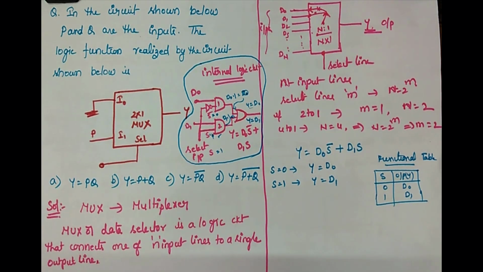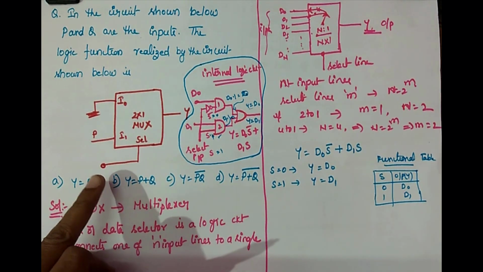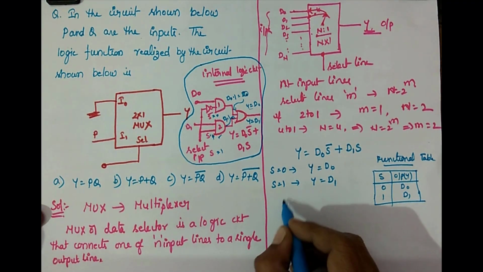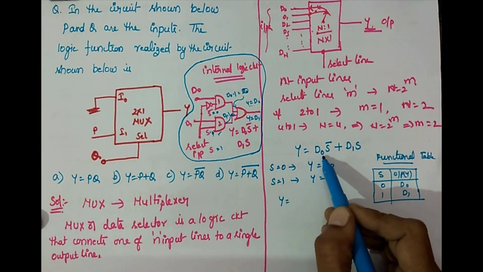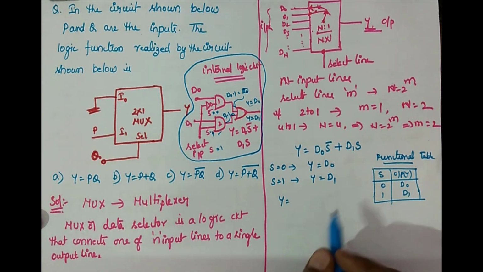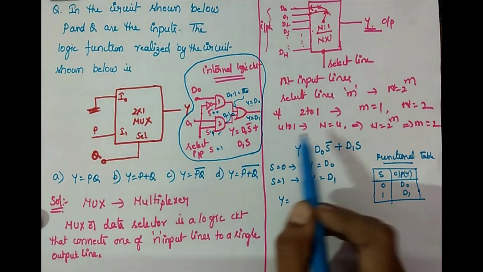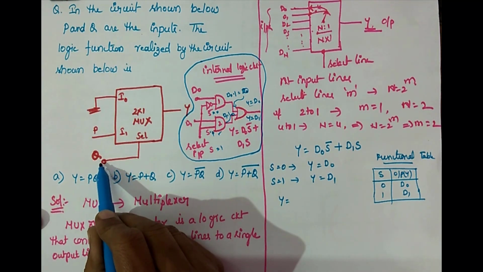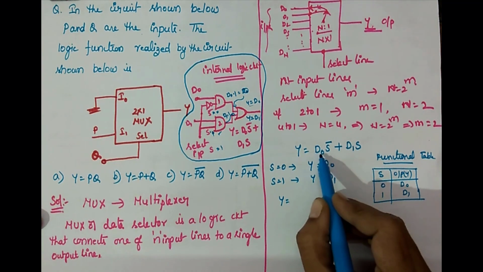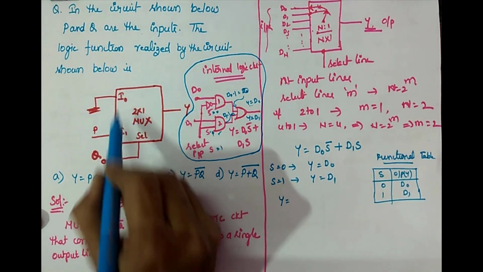Okay, so now for our problem, what is Y? Here it is a 2:1 mux. So now use the general expression of the 2:1 mux for the given problem. Here the select input is Q. In the place of D0 and D1 you have I0 and I1.